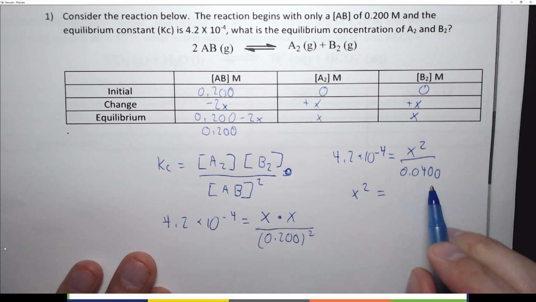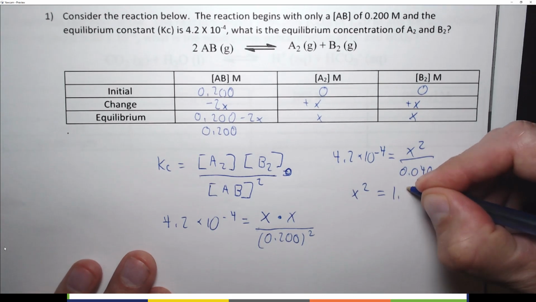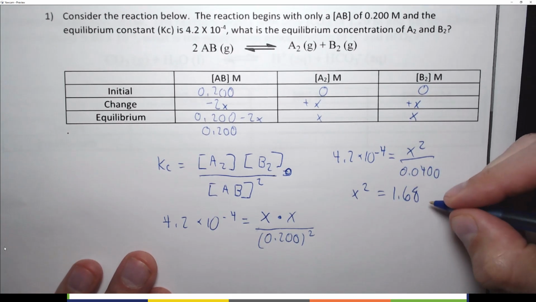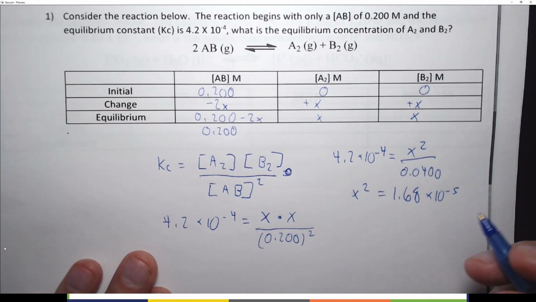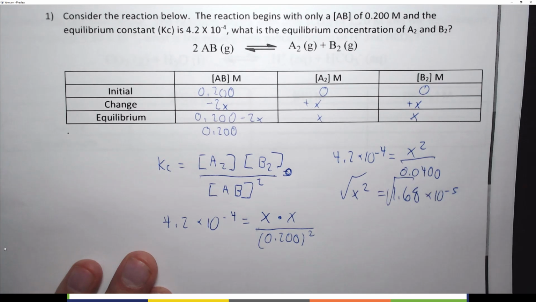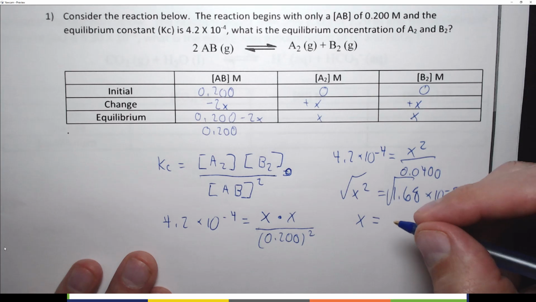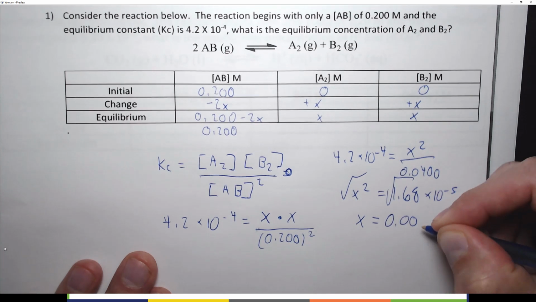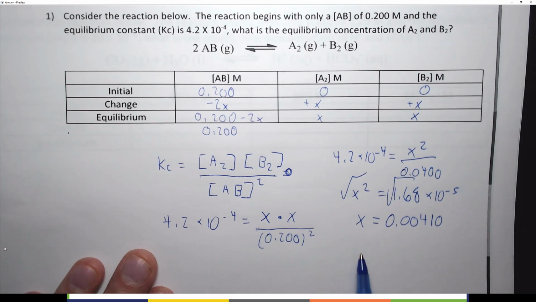X squared equals 0.04 times 4.2 times 10 to the minus 4, which is 1.68 times 10 to the minus 5. To solve this, take the square root, x equals 0.00410.